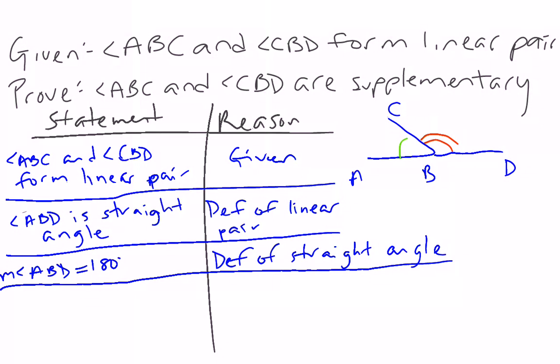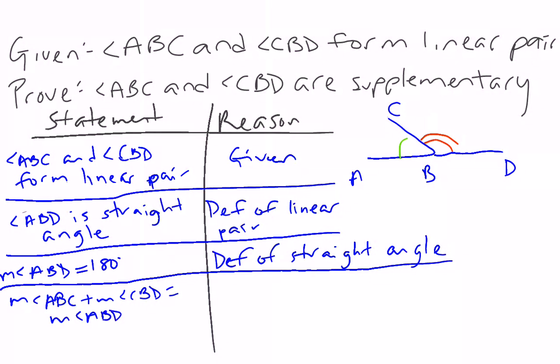But before that, we need to use the fact that I can even add those angles. So I'm going to say that the measure of angle ABC plus the measure of angle CBD is equal to the measure of angle ABD.